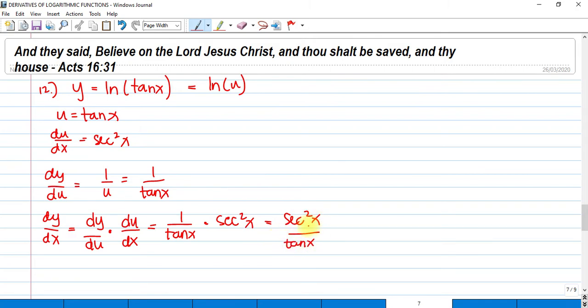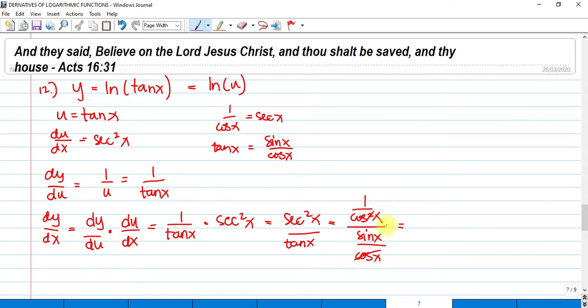We can further simplify this. We know that 1 over cosine x is equal to secant x. But this is squared, so we have 1 over cosine squared x over tangent of x, which is equal to sine of x over cosine of x. So the cosine would be cancelled.